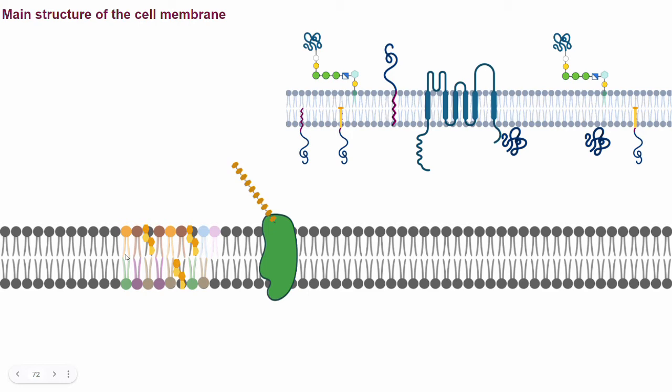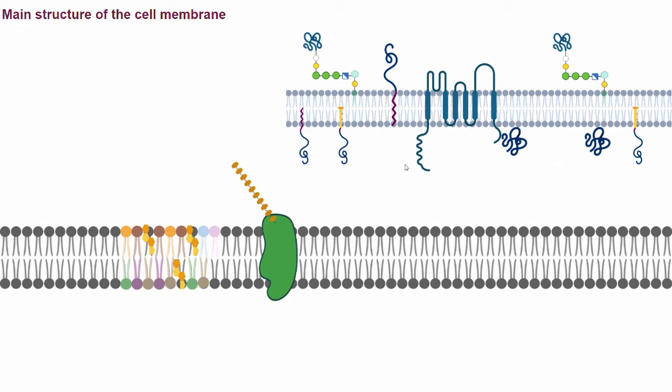So they're lipids that have a phosphate group. Here we're looking at the different types of proteins. We have integral proteins, which are mainly these types, and we have peripheral proteins, which are mainly here.